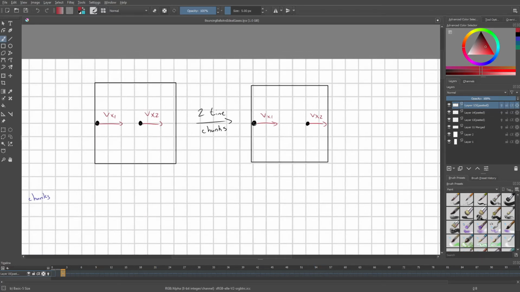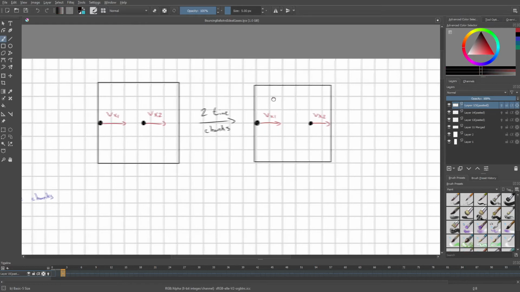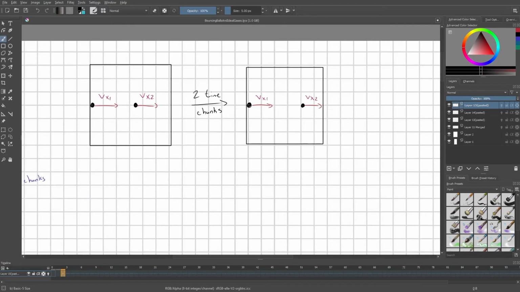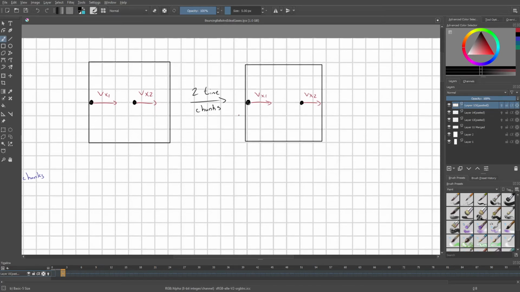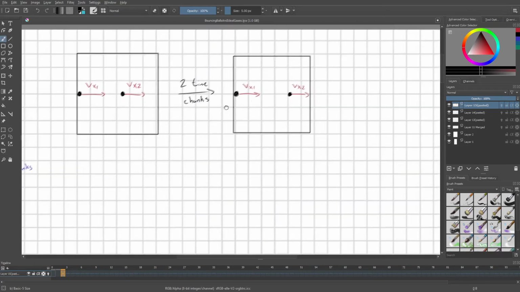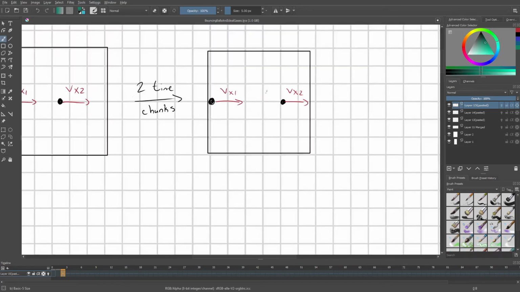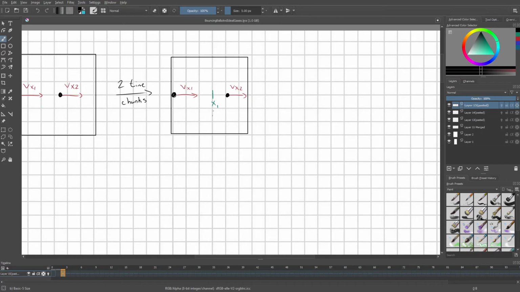Now remember before we defined this parameter, x1. Let's say that x1 is right here for our situation. Particle 2 is going to reset at some random position. We're not exactly sure where that is.